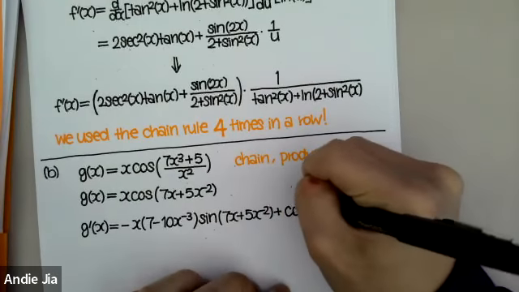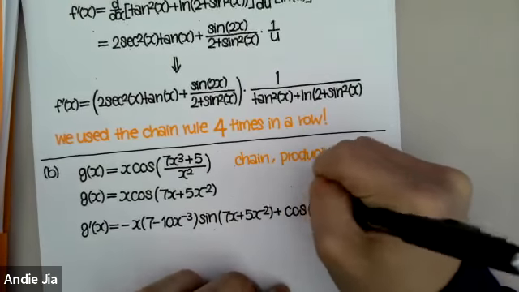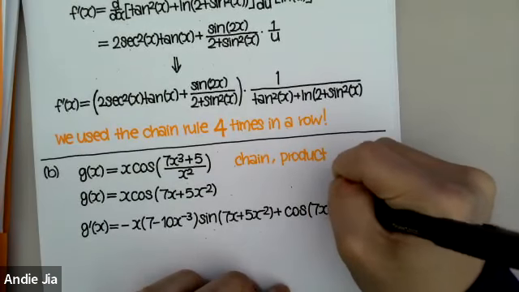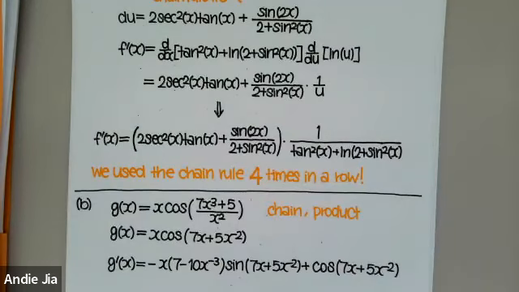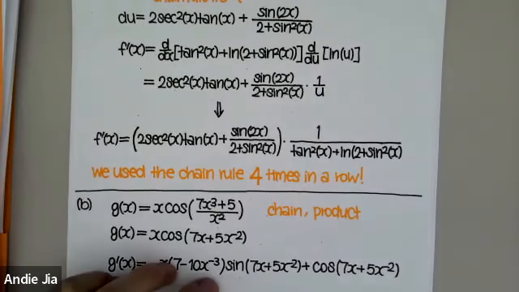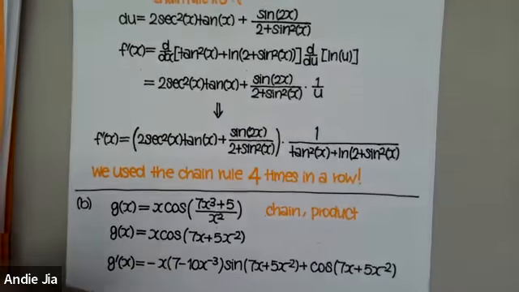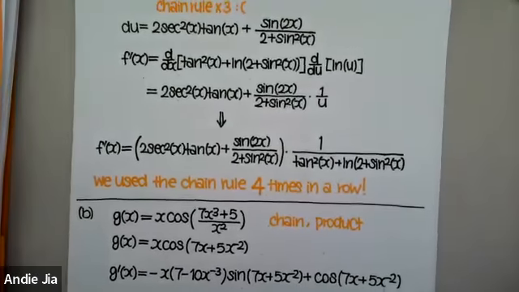It's the cosine of 7x plus 5x to the negative 2. Geez, this one is significantly easier, right? Yep, it is.